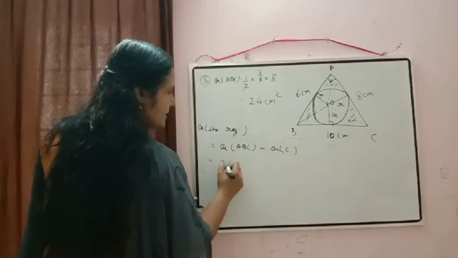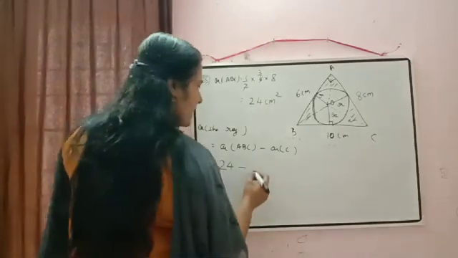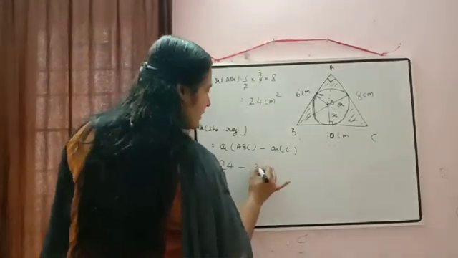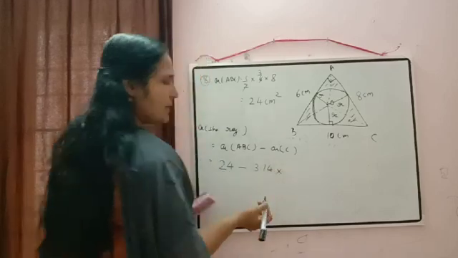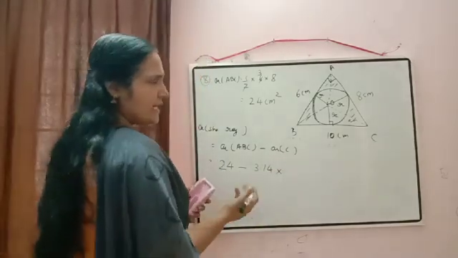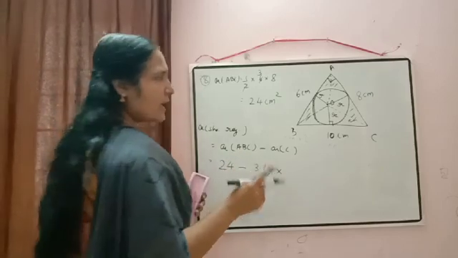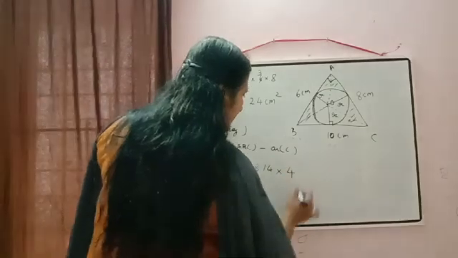Area of triangle ABC, just now we have calculated, is 24, minus area of circle. We know the formula is pi r square, and since it is not a multiple of 7, we can take pi as 3.14. What is the radius we got? Radius is equal to 2, correct? So r square will be equal to 2 square, 4.